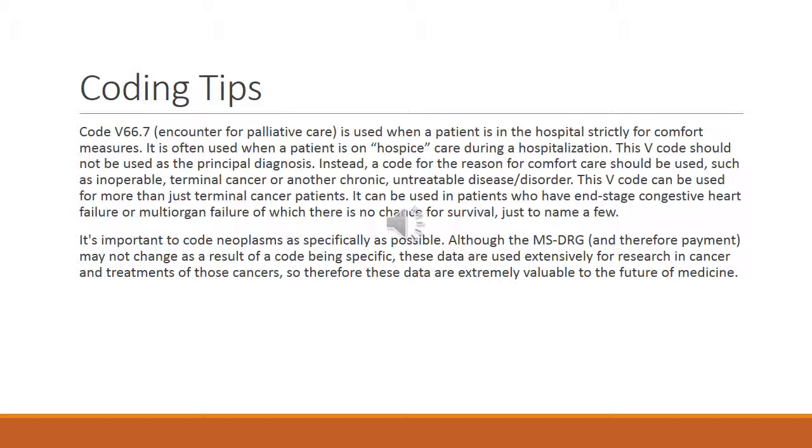Instead, a code for the reason for comfort care should be used, such as inoperable terminal cancer or another chronic untreatable disease or disorder. This V code can be used for more than just terminal cancer patients. It can be used in patients who have end-stage congestive heart failure or multi-organ failure of which there is no chance for survival, just to name a few.